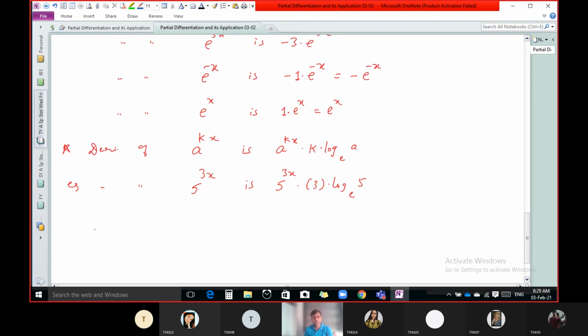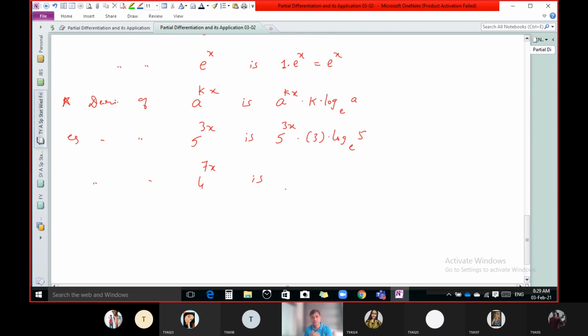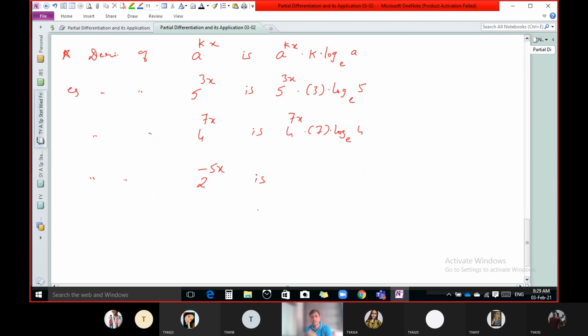So now tell me the answer for this question. Derivative of 4 raised to 7x. 4 raised to 7x into 7 log 4 base e. Correct. Tell me the answer of this: 2 raised to minus 5x. 2 raised to minus 5x into minus 5 log 2 base e.